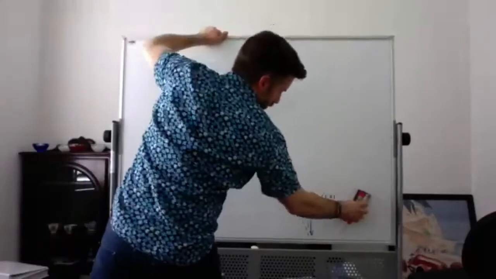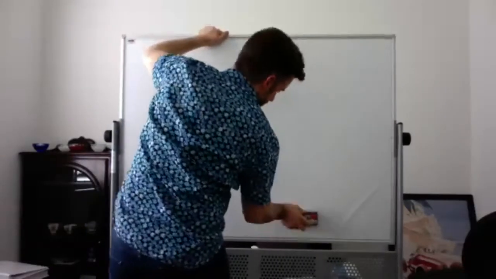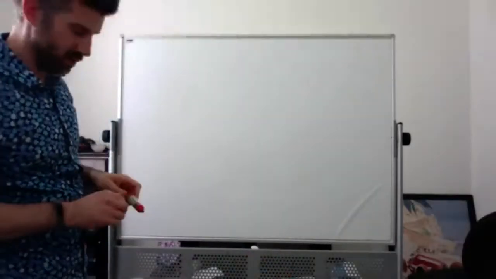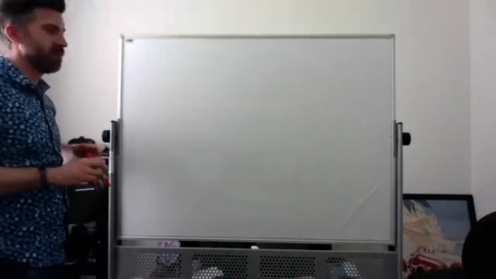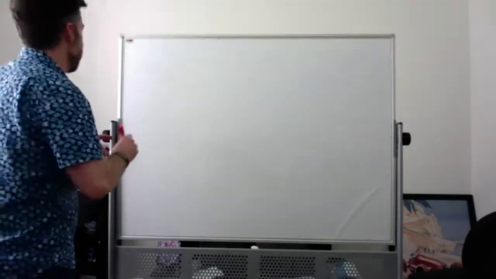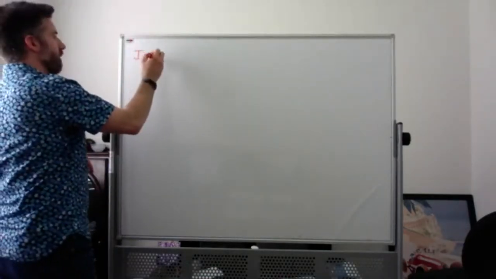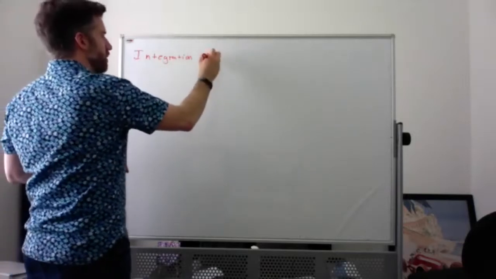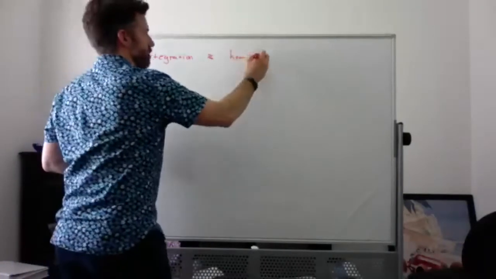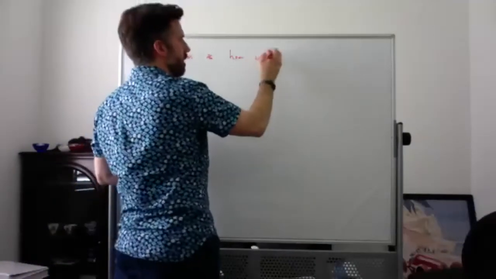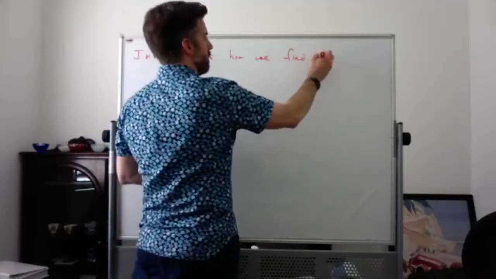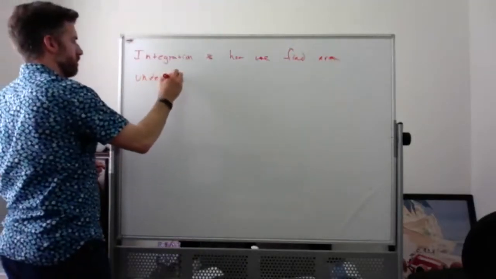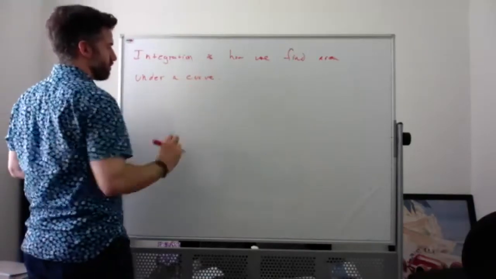So while it's important to be able to anti-differentiate, there's more to integration than just anti-differentiation. And one of the things we typically use integration for, so integration is often most closely associated with, is how we find the area under a curve.